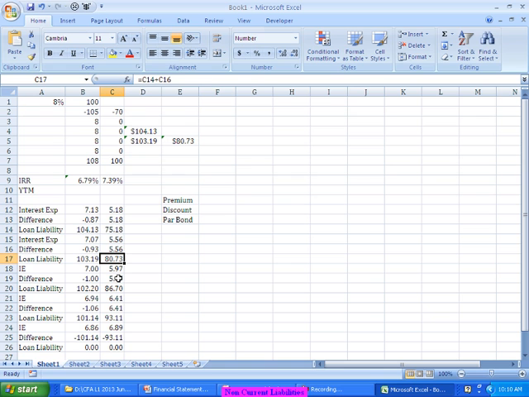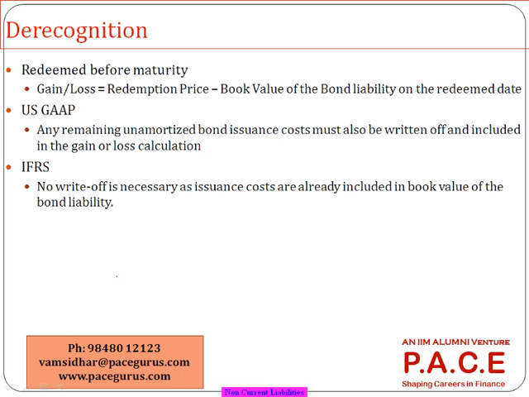So if the company wants to close down the bond, buy back the bond, and does not want the bond in the market anymore, then it has to pay as per our books. This is the book value. As per our books, its value is 103.19. But in reality, the company might have paid either 104 or 102.